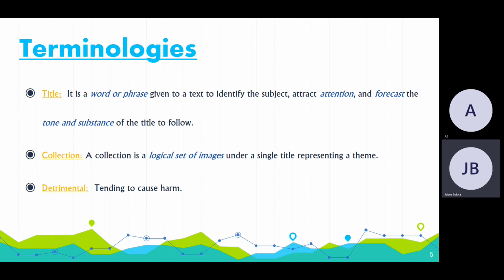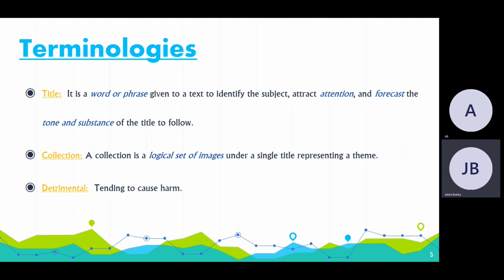Now coming to the terminologies, title, we all know what a title is. It is a word or phrase given to a particular text to identify the subject. Coming to the collection, a collection is a logical set of images, or simply a group of images, which we call a collection.